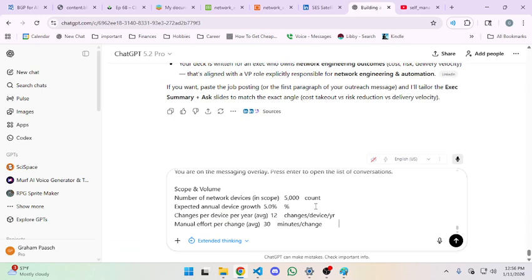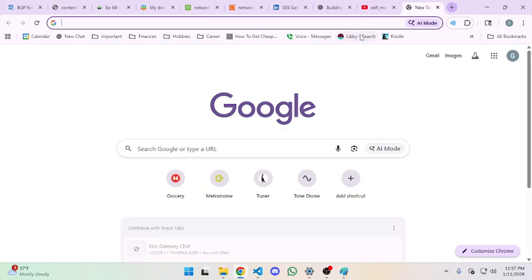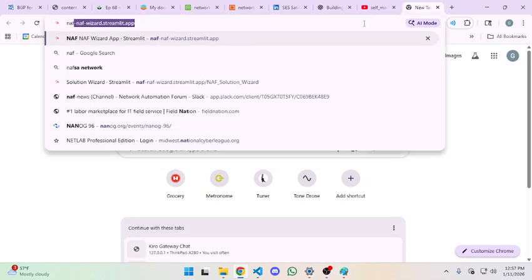Okay, so estimate the number of network devices that are in the scope of NAF improvement practices, we'll say.